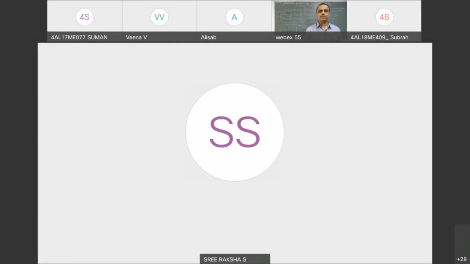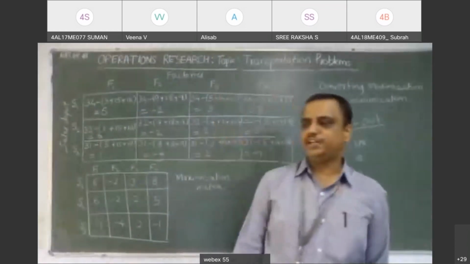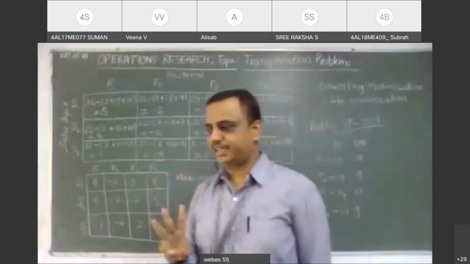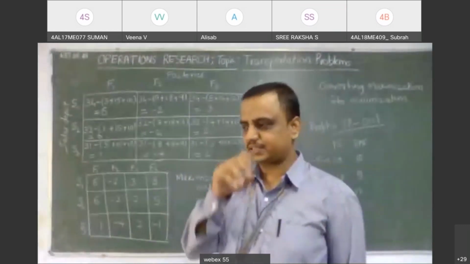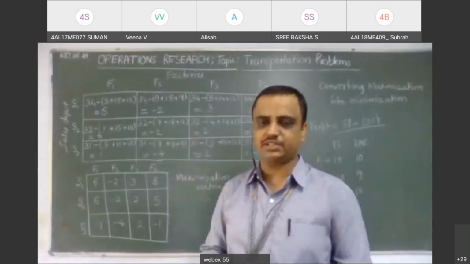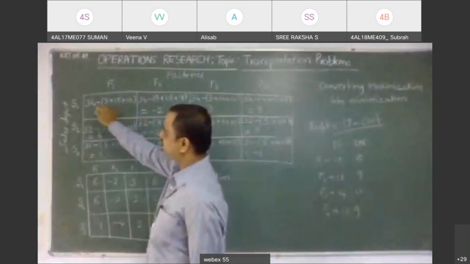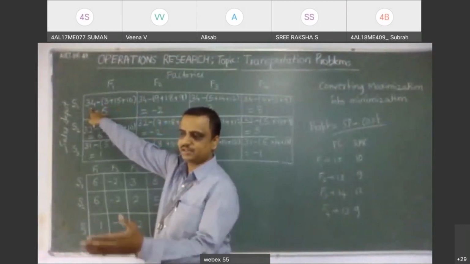So transportation cost per unit from S1 to F1 is 3. What is the production cost and raw material cost for that particular cell? For the first cell, 34 is the sales price.